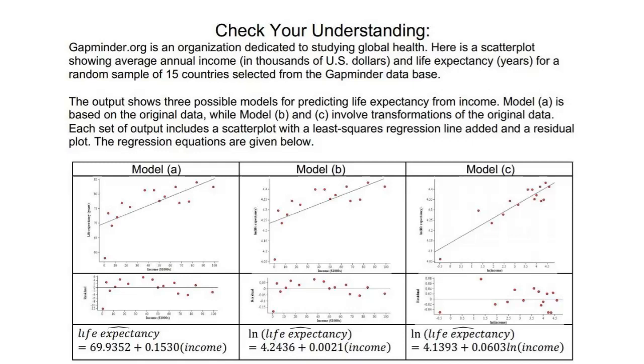Looking at these three models down in the check your understanding section, which of these three models, just based on the scatter plot and the residual plot, seems like it would be the best model? C. Why? I like it. Yeah, there's no curve. This is the one that looks the most like random scatter, not a pattern. What do you notice about the scatter plot itself? Which one looks the most linear? C looks the most linear.